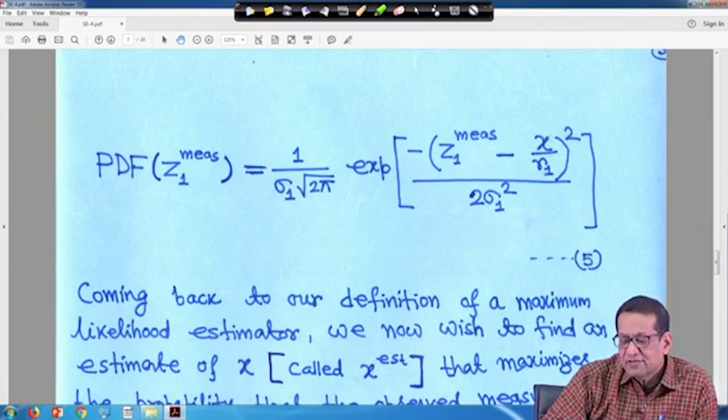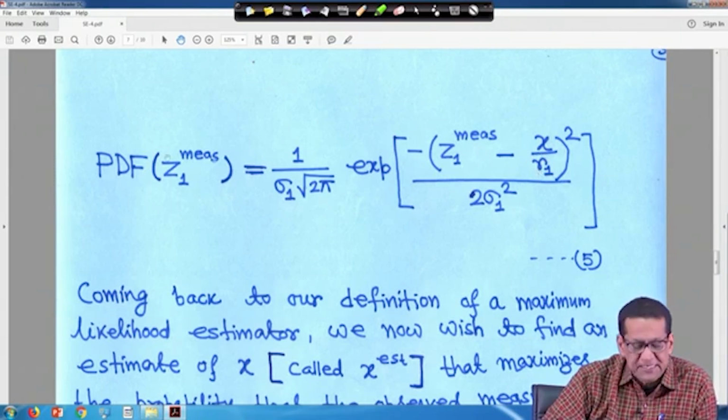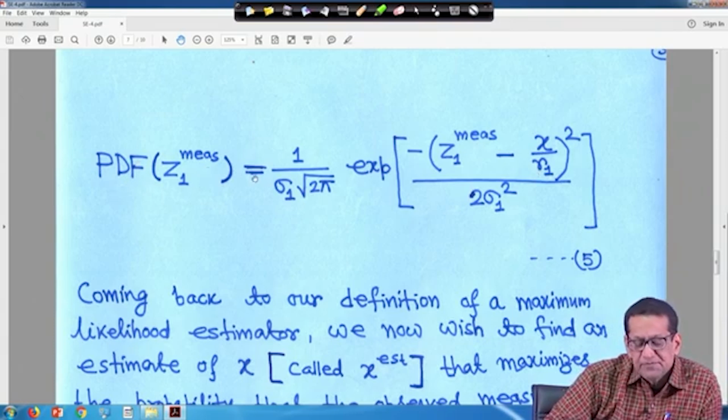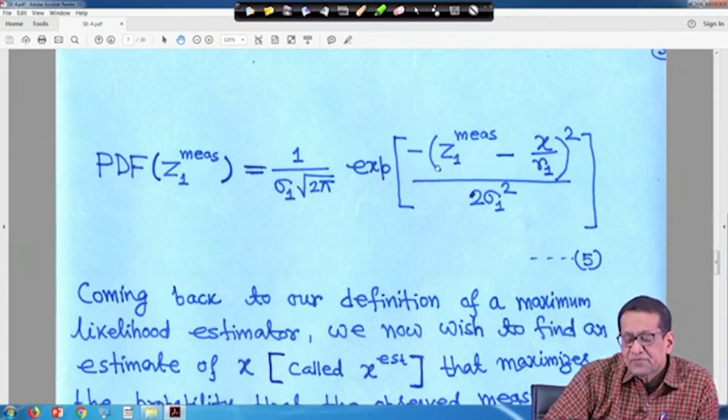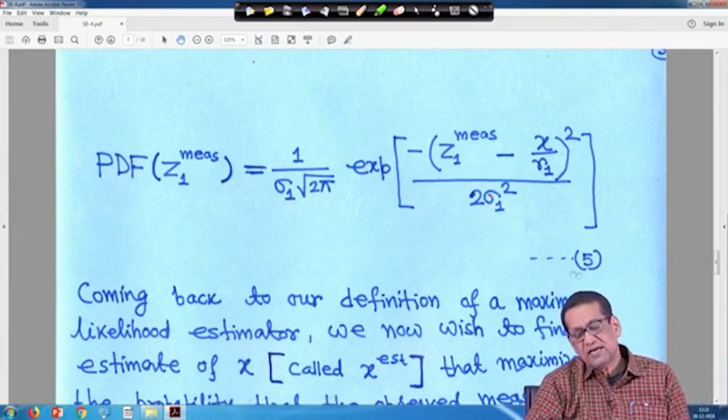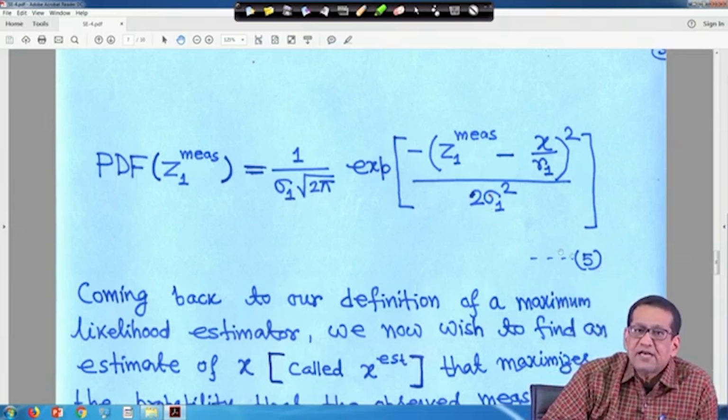So, volt by resistance R gives ampere. So, Z true is actually X upon R1, and this term is replaced by X upon R1. That means my PDF of Z1 measure is equal to 1 upon sigma 1 root 2 pi, e to the power minus (Z1 measure minus X upon R1) whole square upon 2 sigma 1 square. This is equation 5, right.